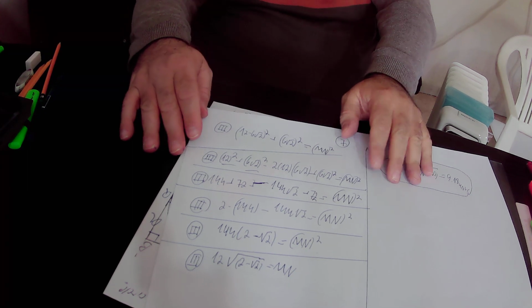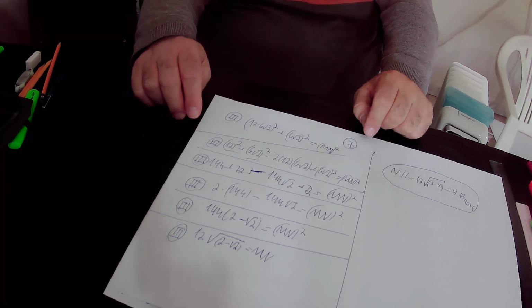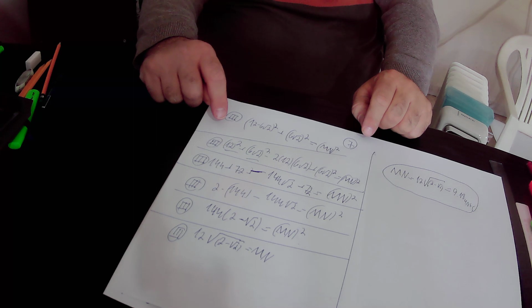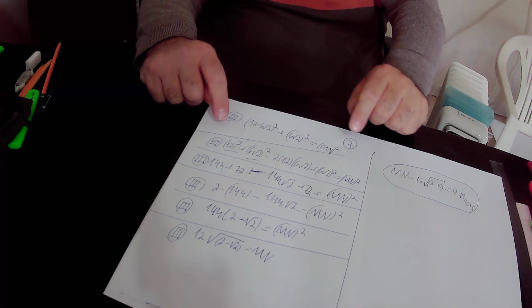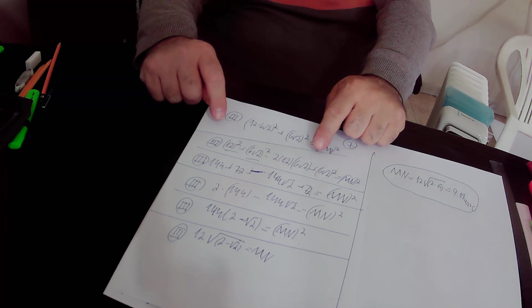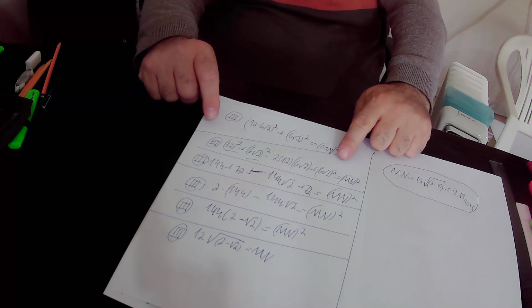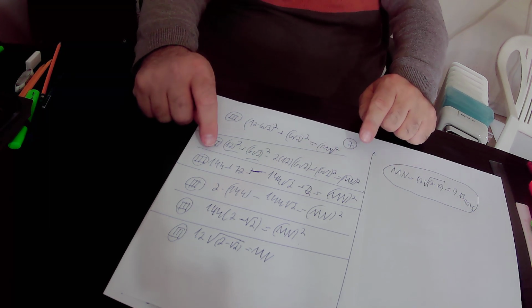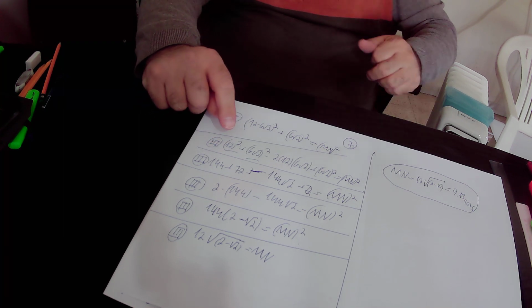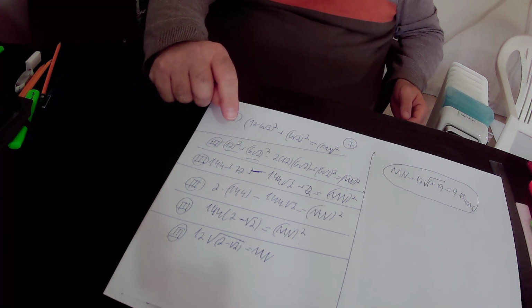We open the brackets here, and we get that (12 minus 6 times square root of 2) squared equals 12 squared plus (6 times square root of 2) squared minus 2 times 12 times 6 times square root of 2, plus (6 times square root of 2) squared. 12 squared is 144. (6 times square root of 2) squared is 72.